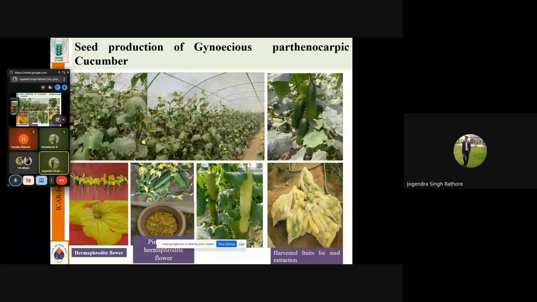But silver thiosulfate is commercially utilized, and it has given very good results for production of male flowers in case of cucurbits. So silver thiosulfate at the rate of 300 to 400 ppm is sprayed to produce male flowers.